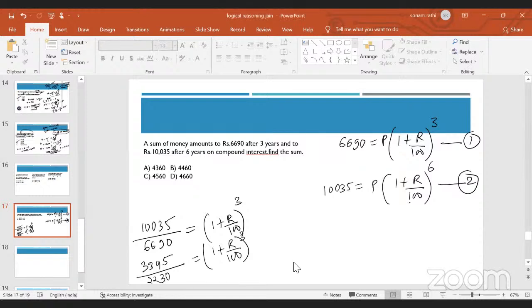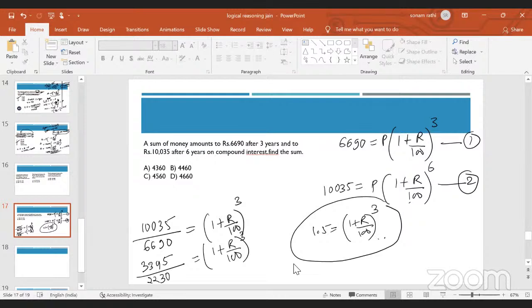I will directly divide now. Let's divide 3345 by 2230. I will get 1.5. So 1.5 is equal to (1 plus R by 100) to the power 3. So this value is 1.5. If I put this in the first equation, what will I get? 6690 is P into 1.5, right?